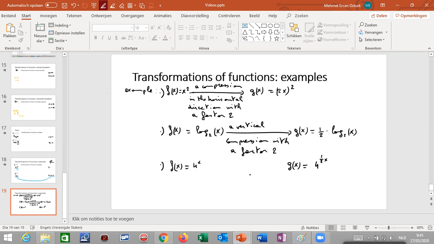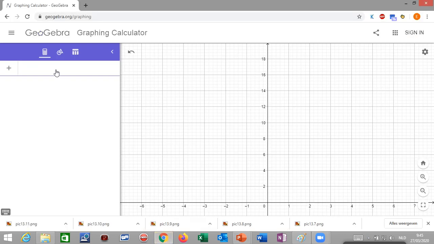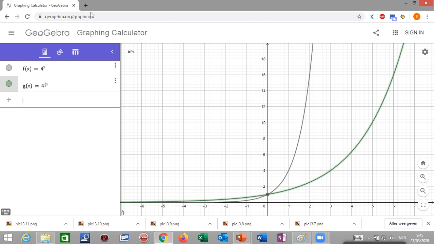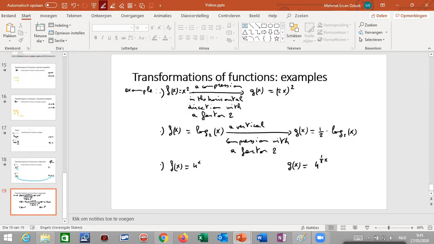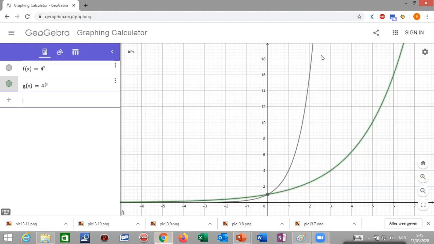So we go again to GeoGebra, and here we fill in 4 to the power of x, and then here 4 to the power of 1 over 3 of x. Okay, let me check it's correct. Yeah, so let's make it 1 over 3 instead of 1 over 2. Let's go back to GeoGebra, and here we have both graphs.